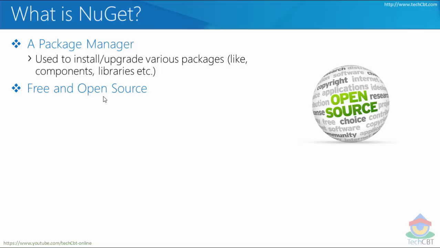The entire source code can be retrieved from GitHub, where the entire NuGet website is open sourced. So we can download the NuGet website itself from GitHub, fork it and make use of it, or collaborate with other developers and enhance NuGet to the next level.